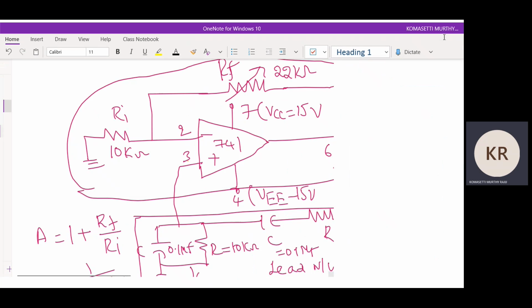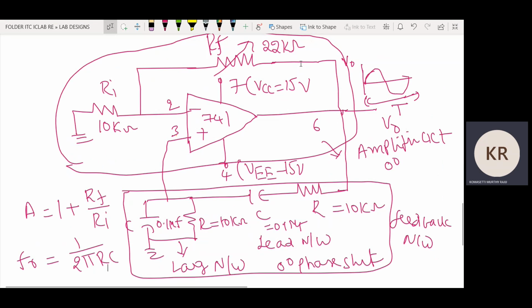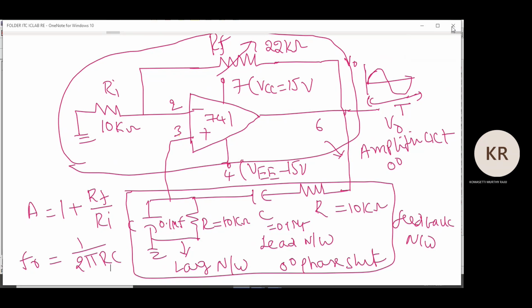In this one 22 kilo ohms is the potentiometer which is used to set 20 kilo ohms here. Here 10 kilo ohms, 0.1. All by using this circuit diagram, I have made connections on multisim screen.